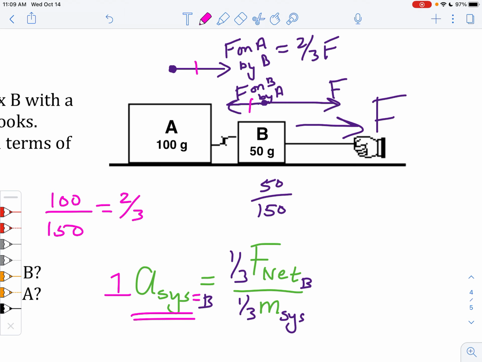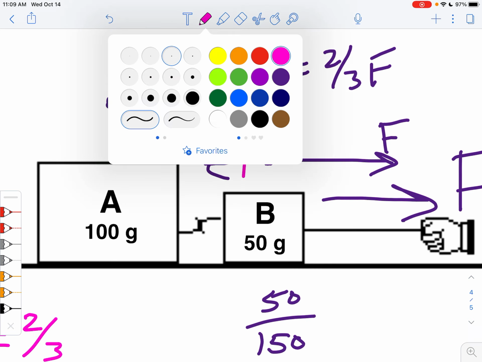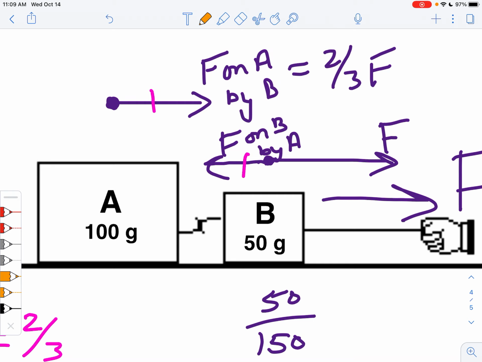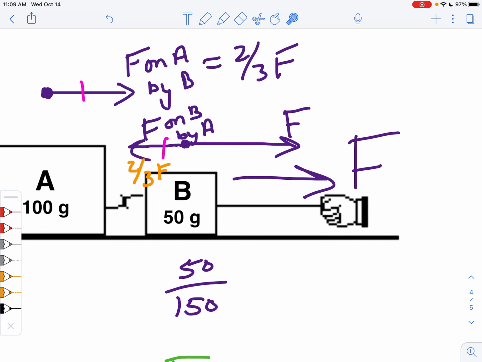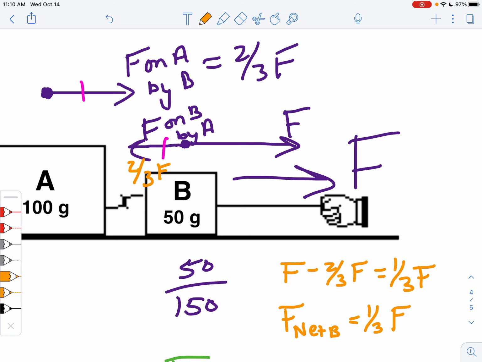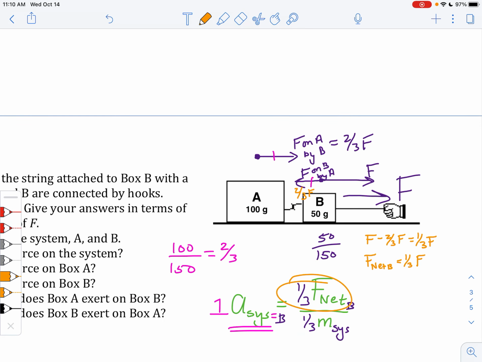So now for B, we know that this backwards force to the left is 2/3 F. We know that the force to the right is F. So we can say F to the right minus 2/3 F is going to be 1/3 F. And so the net force on B is equal to 1/3 that big pull force to the right, which is what we said earlier.